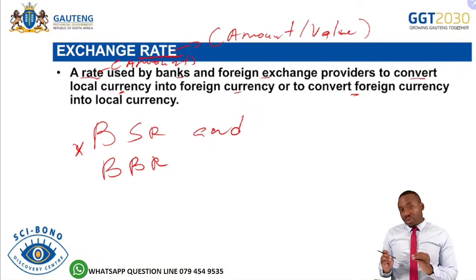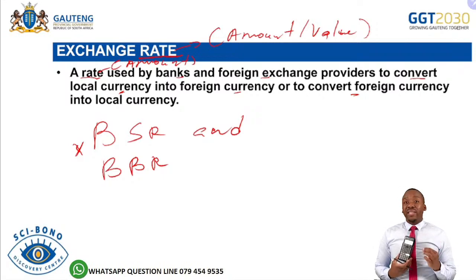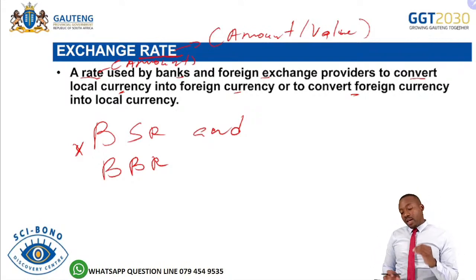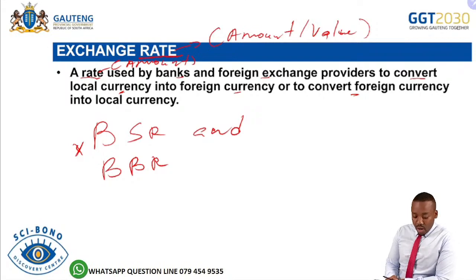That's what we are going to be discussing now, which is the rate to either convert local currency into foreign currency or to convert foreign currency into local currency. Obviously, when you are busy with that, we need our different calculators so that we can do those calculations. The reason we need them is so that we are not overcharged when we do the calculations.